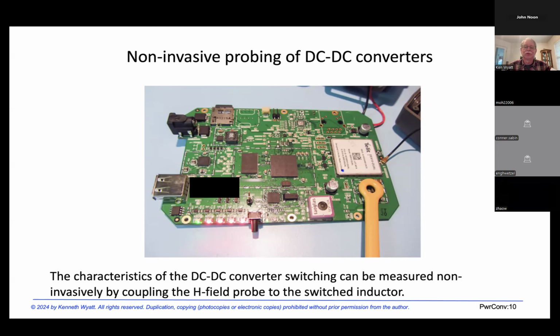So we'll talk about what I call partitioning of circuitry, where you identify the known high energy sources and the more sensitive receiving sources, and you try and separate those.